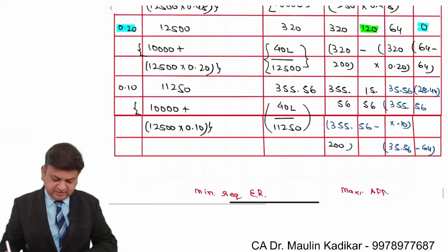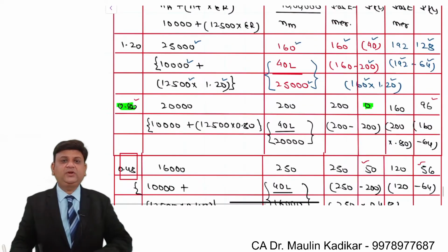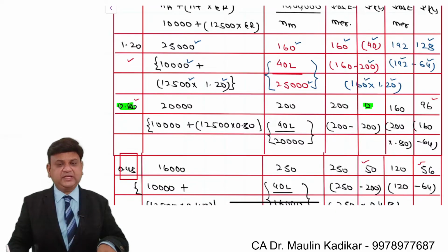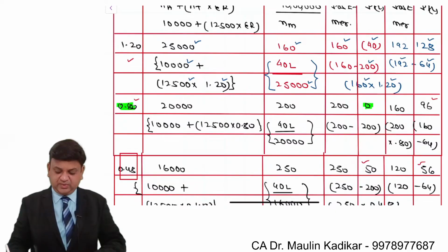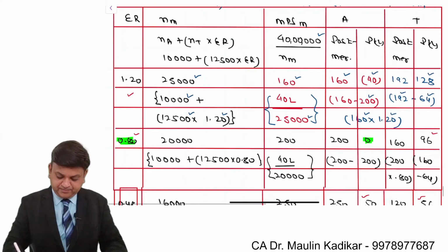Next, we understand exchange ratio is 1.2. It is more than what A Limited can afford. Then in that case, what will happen? There will be a certain amount of the market value of the acquiring company transferred to the target company.